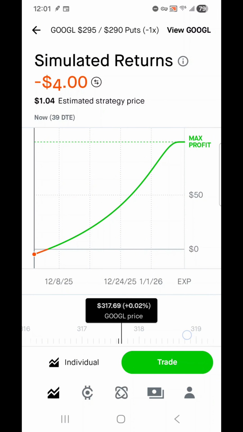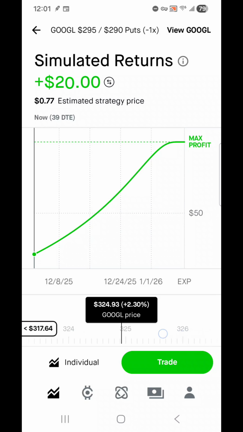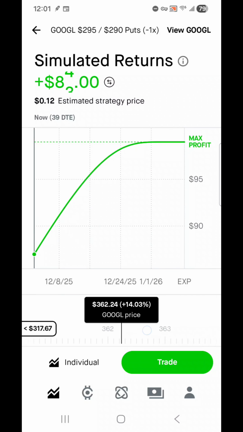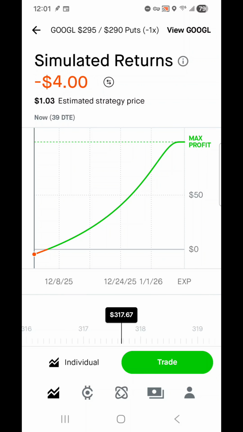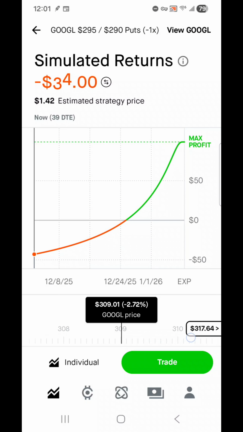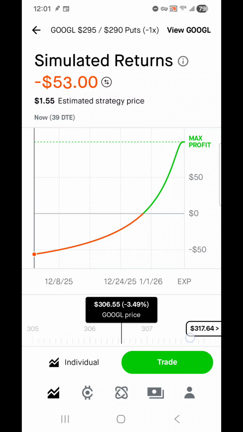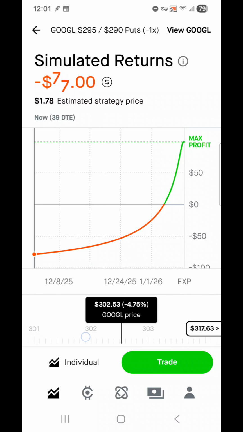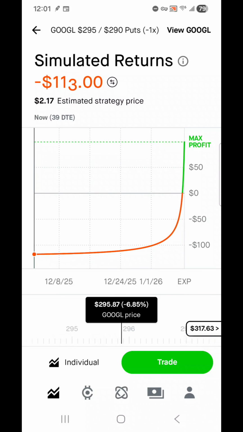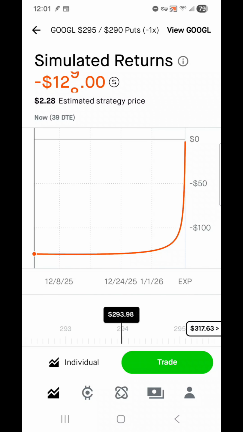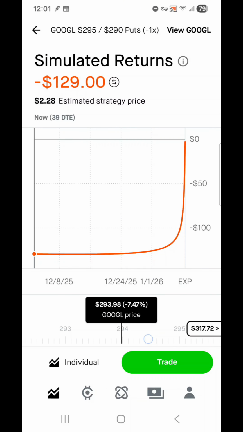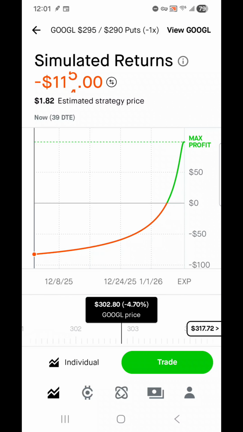So we can see if the price rises, good for us because this is a put credit spread. And if it drops, we would have to close early just to limit our losses. And you see it has to drop 7.5% before we start losing money at expiration.